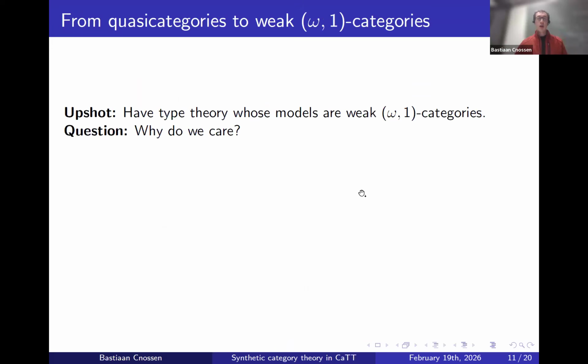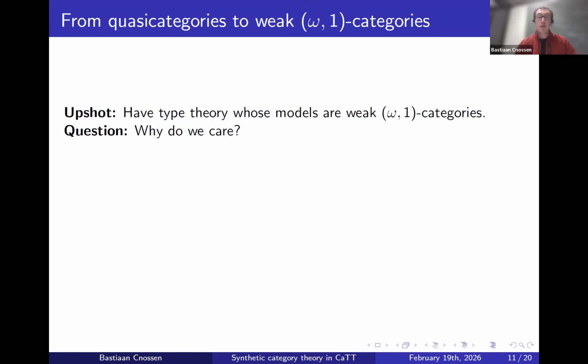So what is the upshot? This type theory by Finster and Mimram provides a type theory whose models are weak omega-1 categories. And you might now ask, why should we care about this? You made some analogies with the language that you wrote up in this book project, but can we actually use this type theory to do some synthetic category theory?